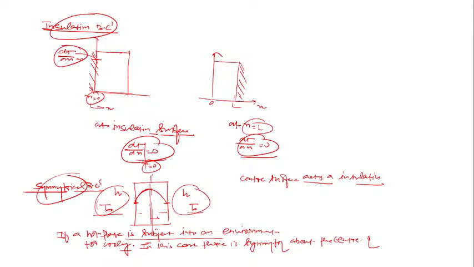If at 1 meter from here the temperature is something, the same temperature is at 1 meter from the right. Everything is just a mirror image: profile, convection, the same. Just mirror image. Temperature of the surface on the left and right will be equal.